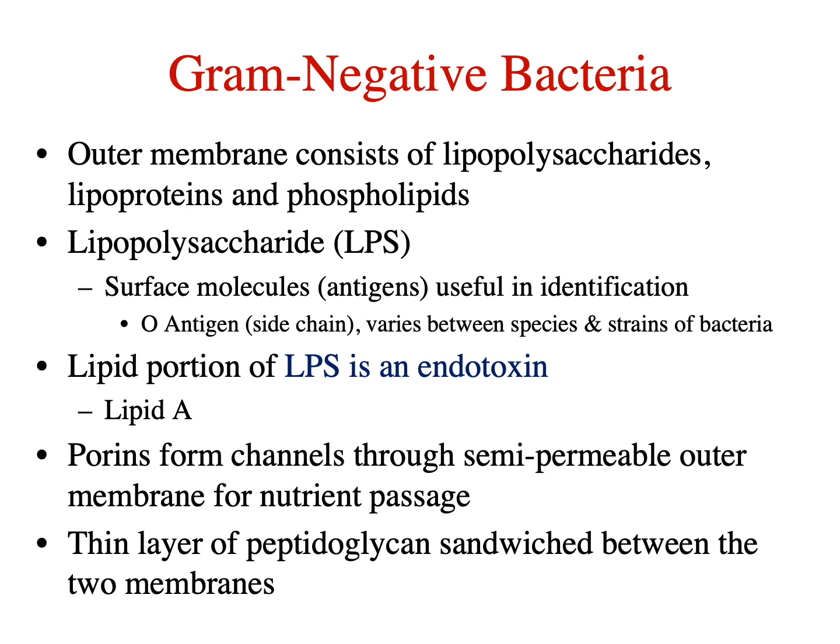The gram-negative bacteria also has porins, which form channels through a semi-permeable outer membrane for nutrient passage. Thin layer of peptidoglycan is sandwiched between the inner plasma membrane and the outer membrane. So remember, you have that very thin layer of peptidoglycan. Definitely not as much as in a gram-positive bacteria.